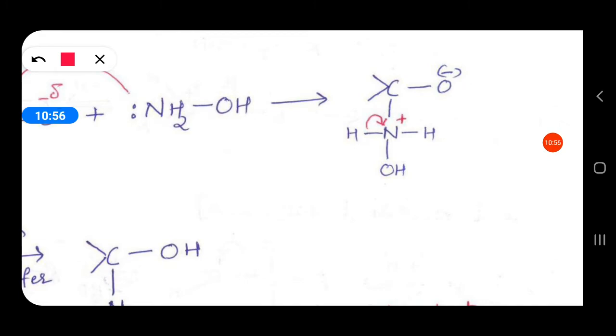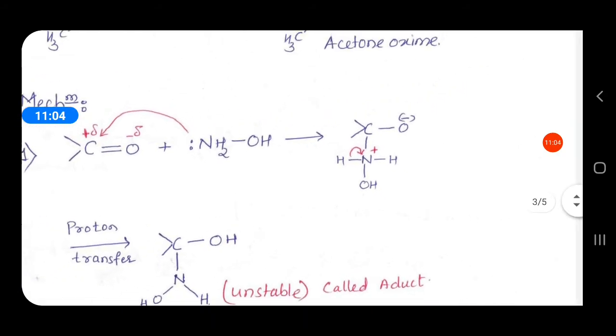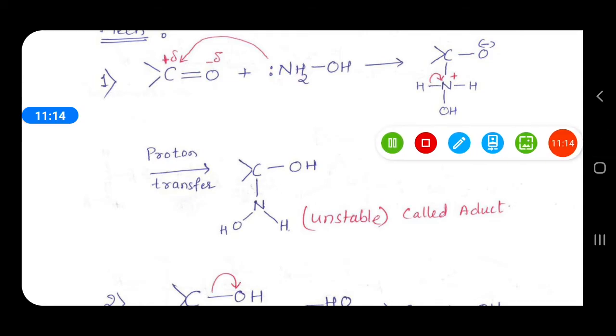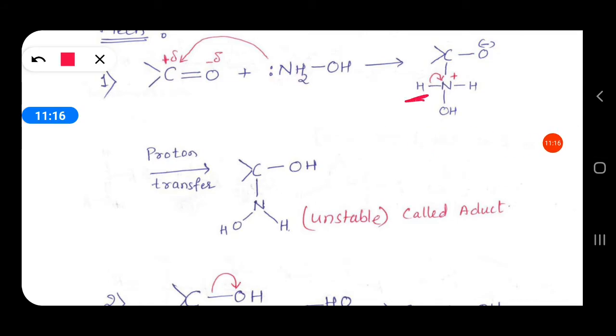One of the NH bond electrons is given to nitrogen, so H plus is removed, and after the proton transfer it forms NHOH. And this proton from this nitrogen is transferred to the oxygen anion, O minus, so it becomes OH.